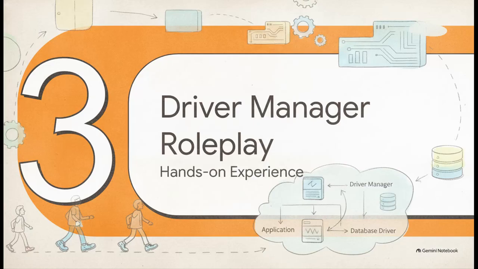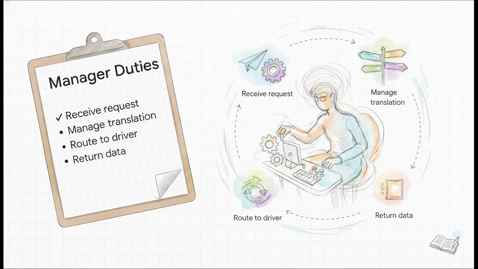Let's jump into Section 3, the driver manager roleplay. Let's get a bit hands-on here. To really grasp this internal logic, I want you to imagine the frantic energy of a totally swamped translator, just fielding urgent requests and ticking off these specific duties at absolute lightning speed. First up, the driver manager actually has to receive the application request.